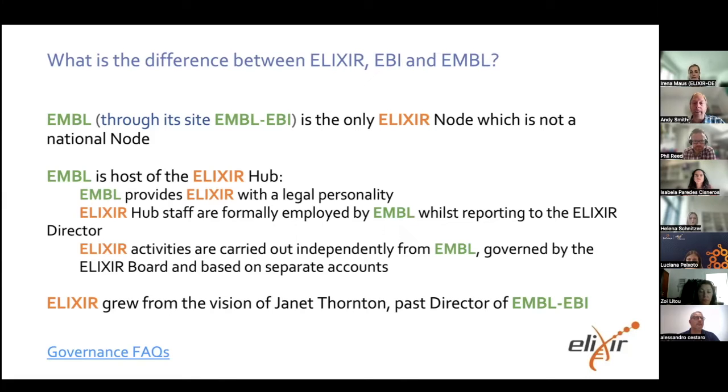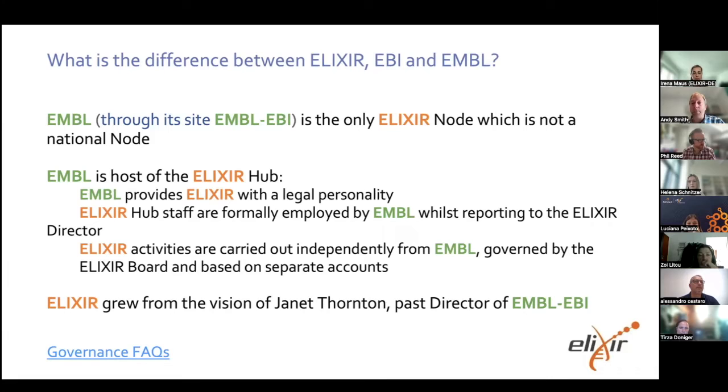And it was recognized even then that there needed to be some level of coordination across Europe that allowed member states to build up their own national data capacities, their expertise, their skills, and being able to manage data within that country as well. And if you have further questions on this, we can answer them at the end. And I'll also point you to the governance FAQ linked here as well. And the slides will be made available afterwards.